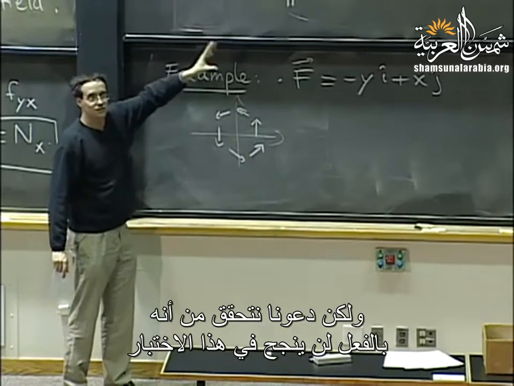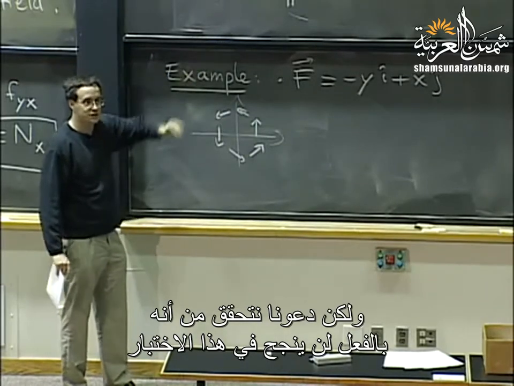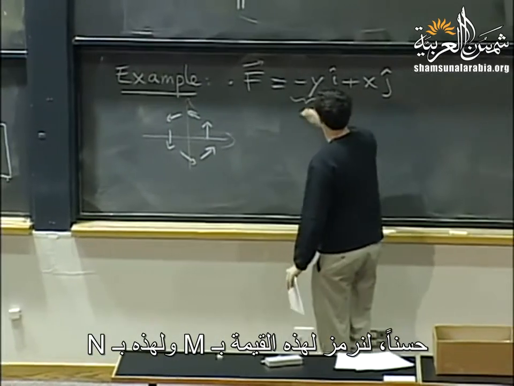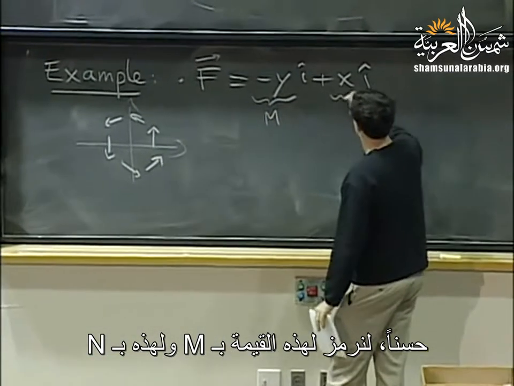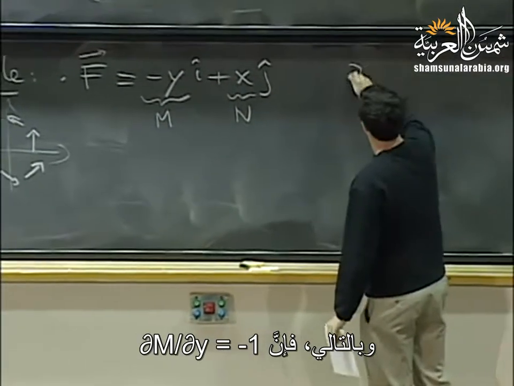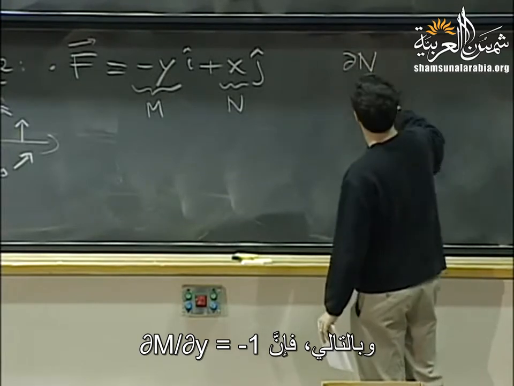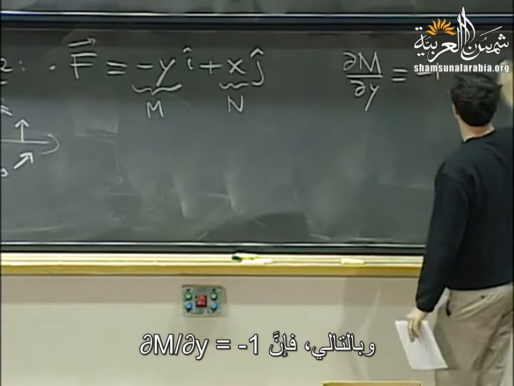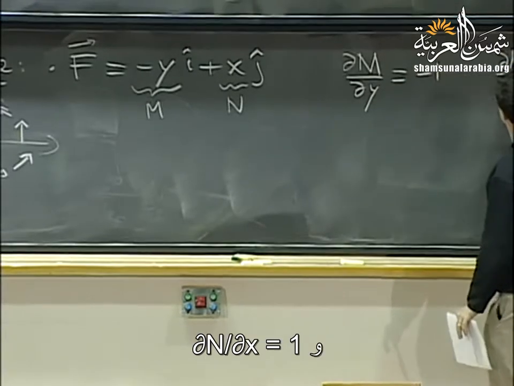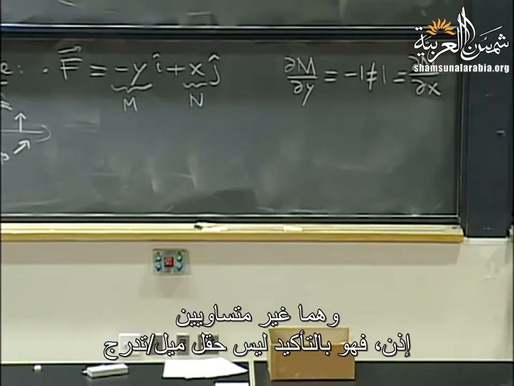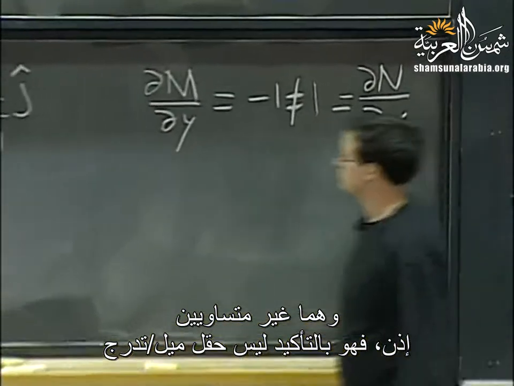But let's check that it indeed fails our test. Let's call this M and this N. Then partial M, partial y is negative 1. Partial N, partial x is 1, and these are not the same. So indeed, this is not a gradient field.